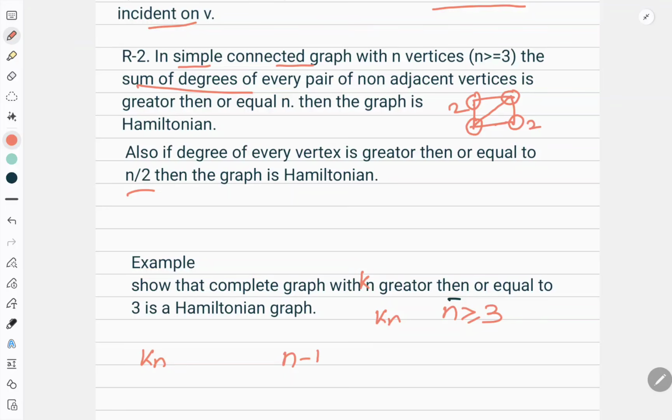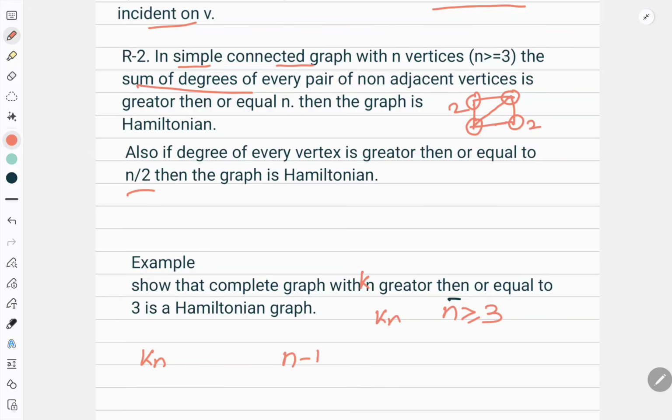We have already proved that in a complete graph, the degree of every vertex is n minus 1, and there is a very simple way to prove it: a complete graph means there is a connection between all the vertices. We discussed this in a video on the complete graph, so please go through that and read the definition of a complete graph.